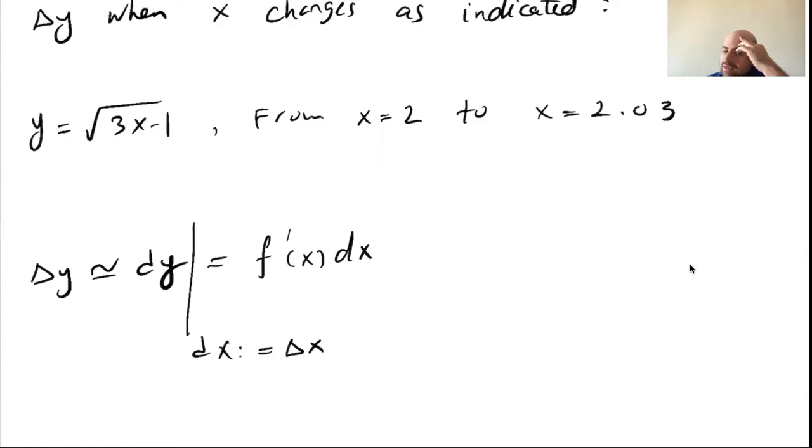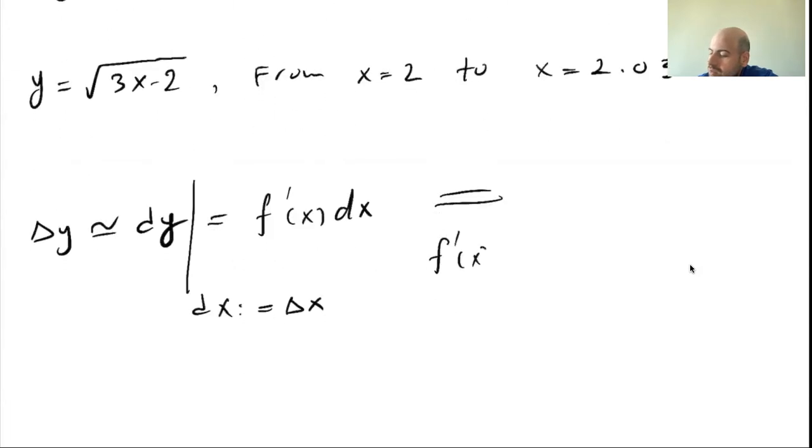So what is f prime of x here? So let me choose this function, 3x minus 2. So what is f prime of x? f prime of x will be the derivative of this function. u to the power 1/2, the derivative is 1/2 times the derivative of 3x minus 2 times 1 over root 3x minus 2.